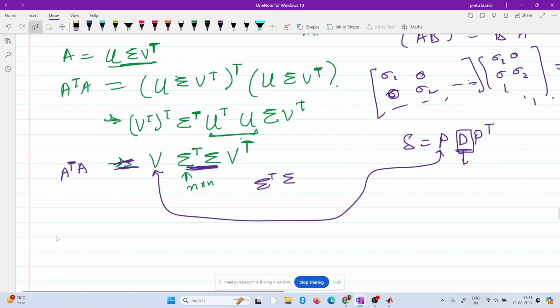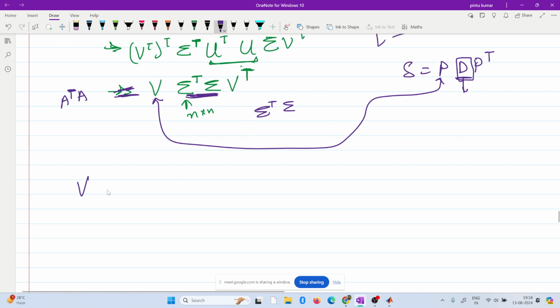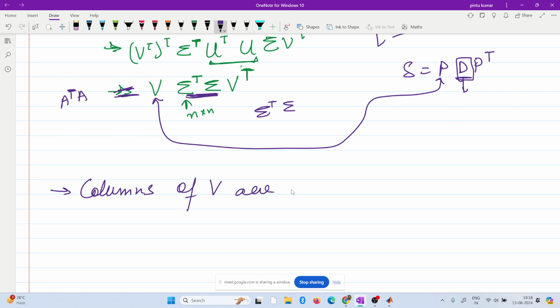So we have compared this thing. From here, we can say that the columns of V are eigenvectors of A transpose A, comparing these two, because P contained the eigenvectors of S. So if we obtain a V that contains the eigenvectors of A transpose A, we are done.